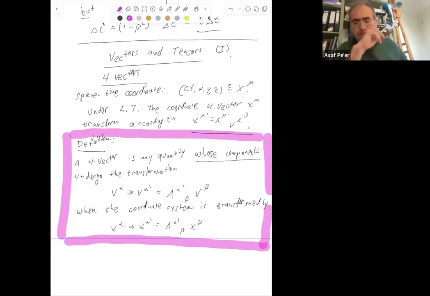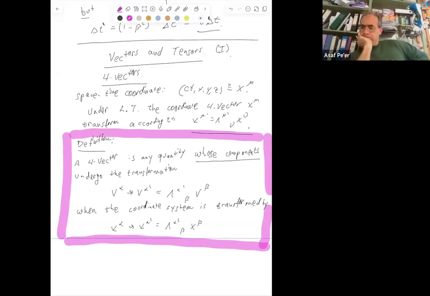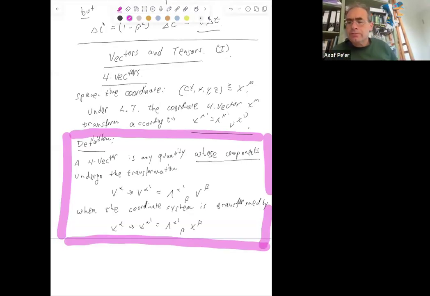That's my definition of a vector. So it is defined by the way its components transform under Lorentz transformation.